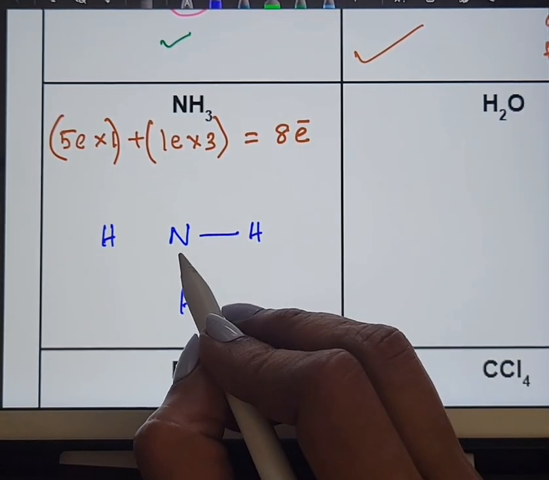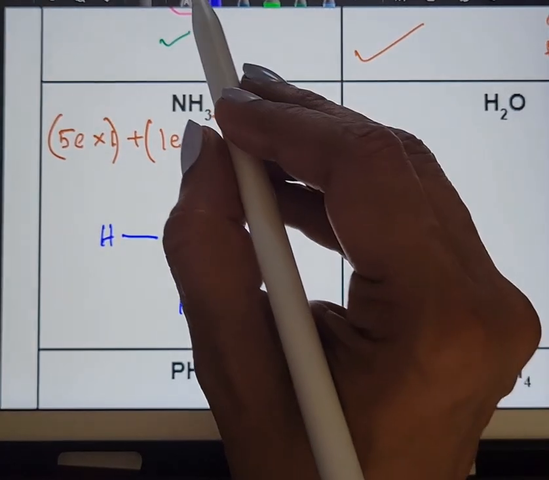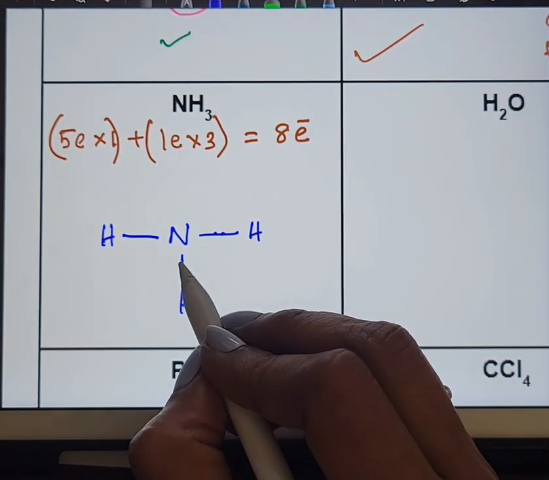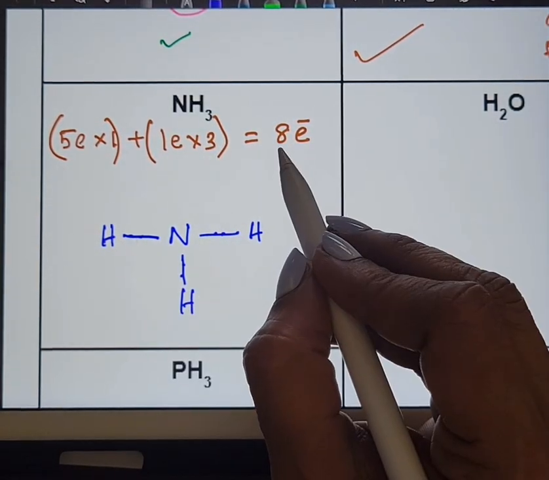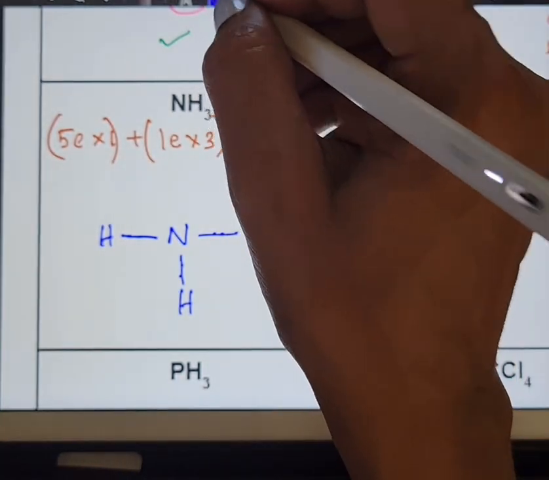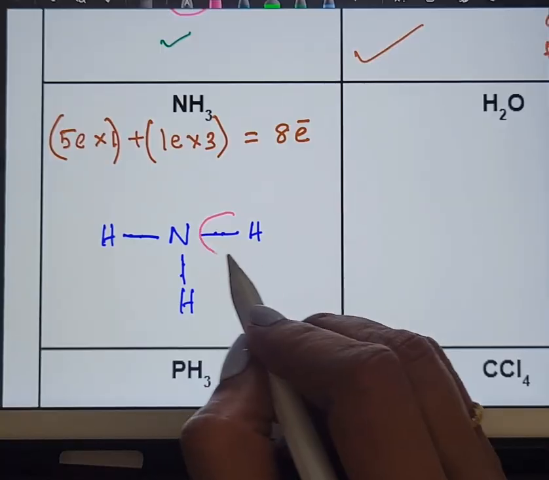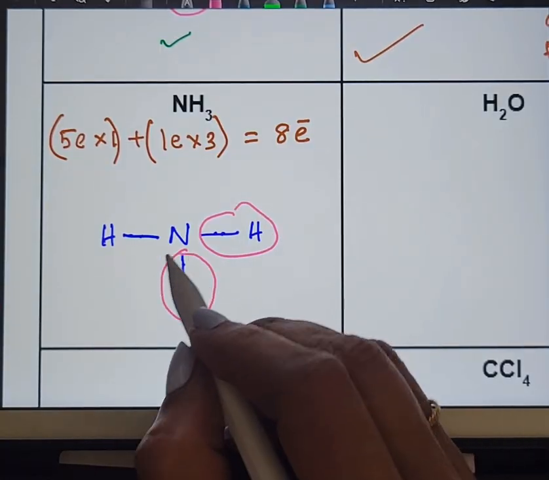Then draw single bonds. Now we have to check how many electrons we have remaining. So here we used 1, 2, 3, 4, 5, 6. So we have 2 electrons remaining, okay. So I am going to check whether hydrogen is happy. Yes, hydrogen is already happy now.